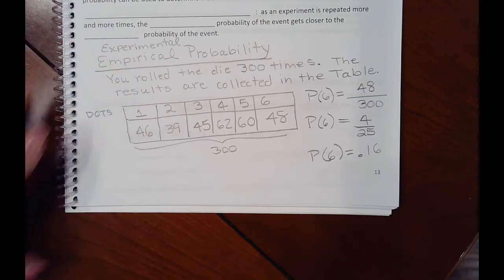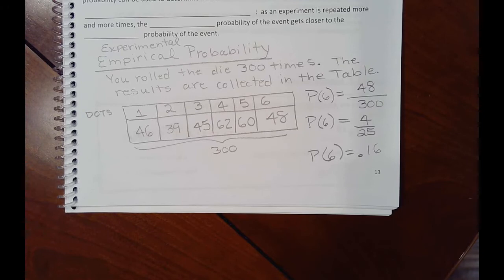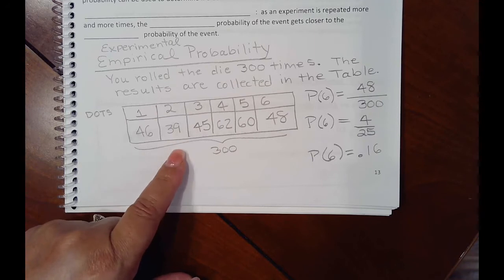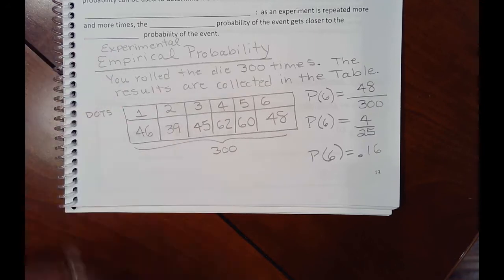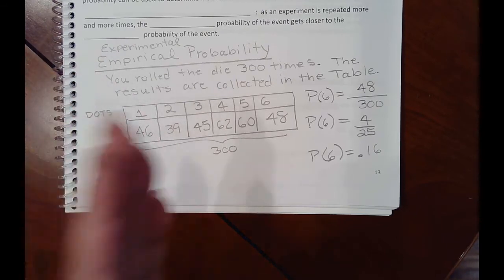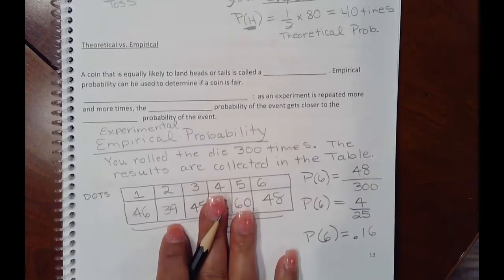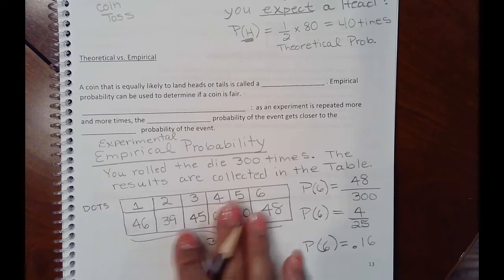So just different ways to give it. But anyway, when you have calculated a probability based on results that were collected from a true experiment that was conducted, where you actually kept rolling it and recording what showed each time, that's referred to as experimental or empirical probability. Let's go ahead and fill in these blanks here.